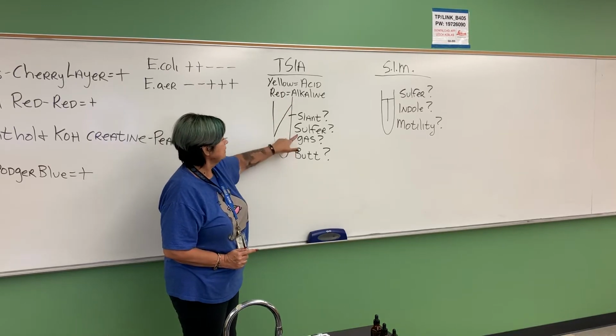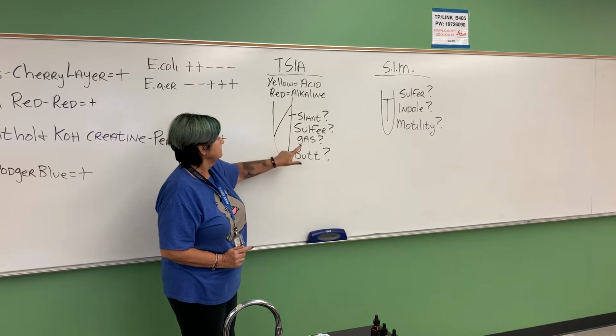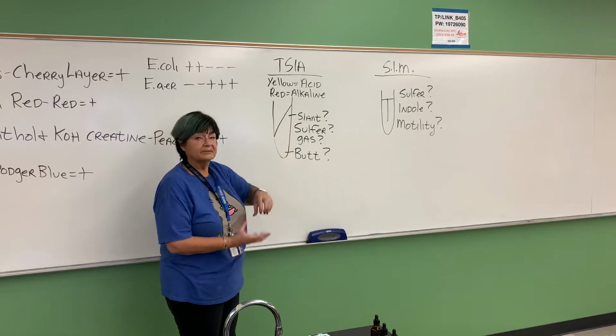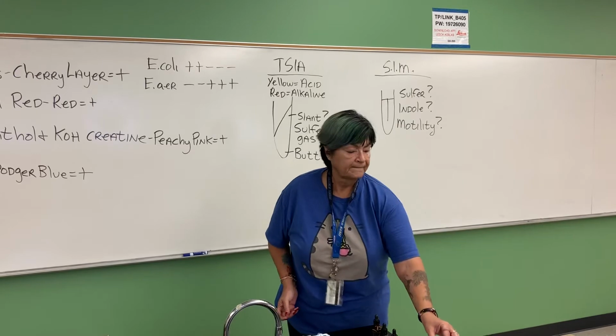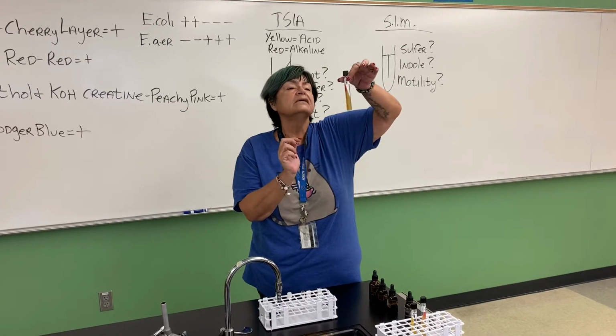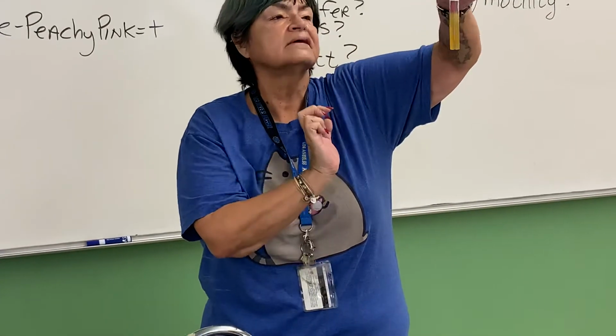The other things you're looking for is sulfur. If you see black in the tube, it's sulfur. If you see gas, a lot of times it actually lifts the plug up a little bit. So I have a couple of examples here. Here's one. If you were to read this one, it would be acid butt, alkaline slant, because it's red.